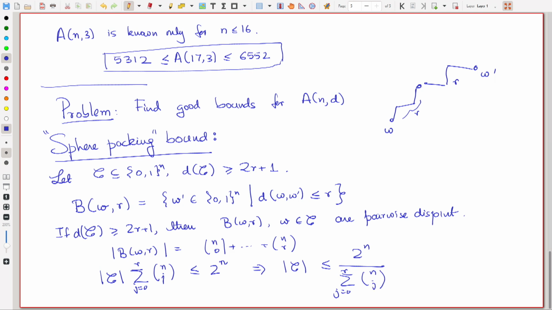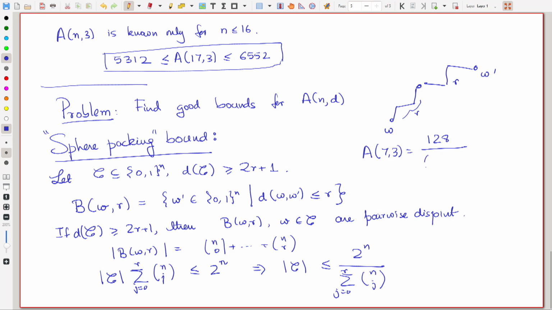So let us see what this gives for A(7,3). So 2 to the power 7, what is it? 128, 2 to the 5 is 32, 6 is 64, 128. r is now 1, right, because d is 3, one error is being corrected.